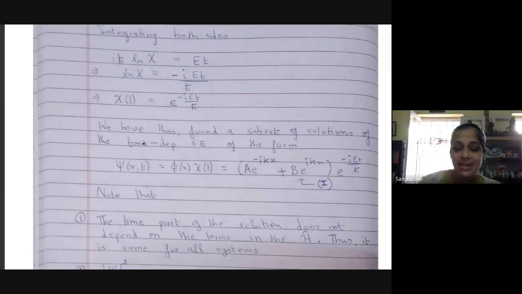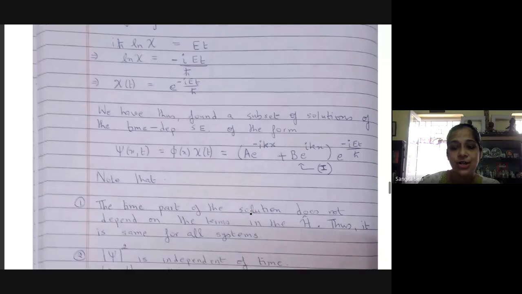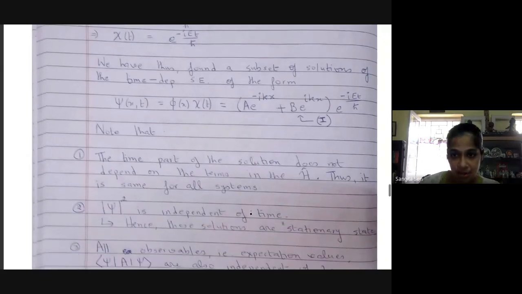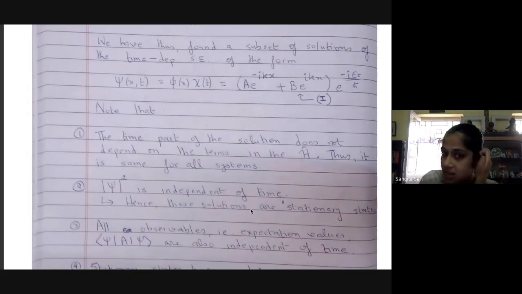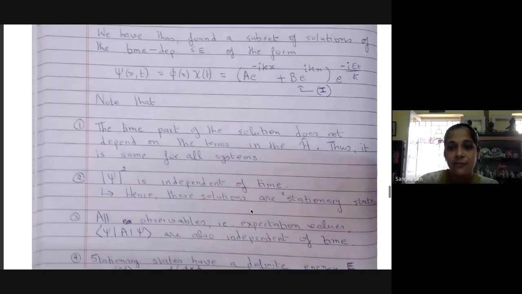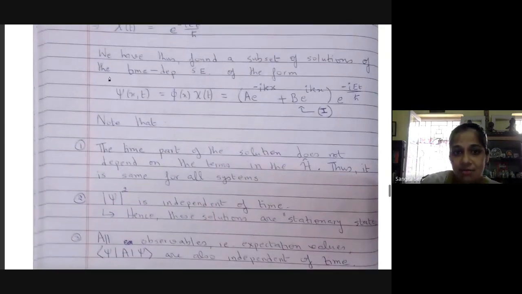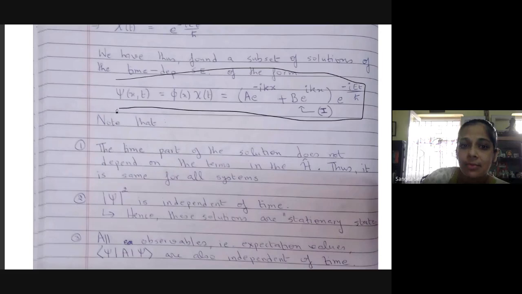But these solutions that we have found are actually very important solutions, and we will see why they are important. So I will list some points here. The first thing, look at this equation very carefully.